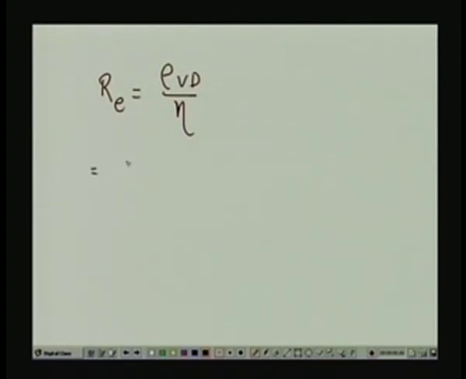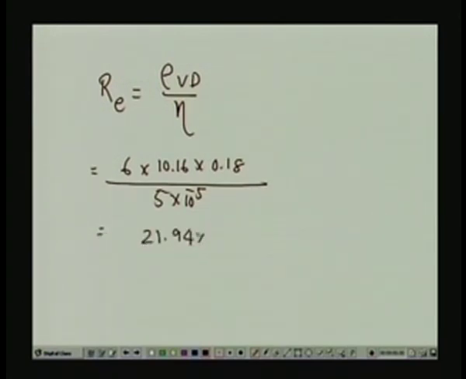So this will become 6 into 10.16 into 0.18 by 5 into 10 to the power minus 5 pascal seconds. This will give you 21.94 into 10 to the power 4. Obviously you can see this is a turbulent flow. So this is problem number 1.